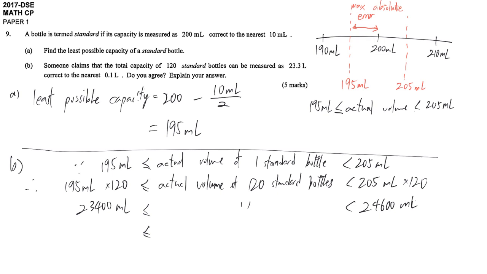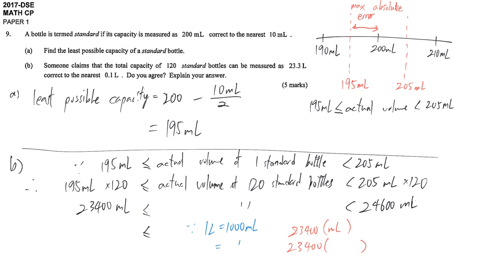We are now going to change it to liter. If you are not sure how to change ml to liter, just write 23400 in your draft and keep a bracket for ml, and then think about the relationship between liter and ml. 1 liter is equal to 1000 ml.